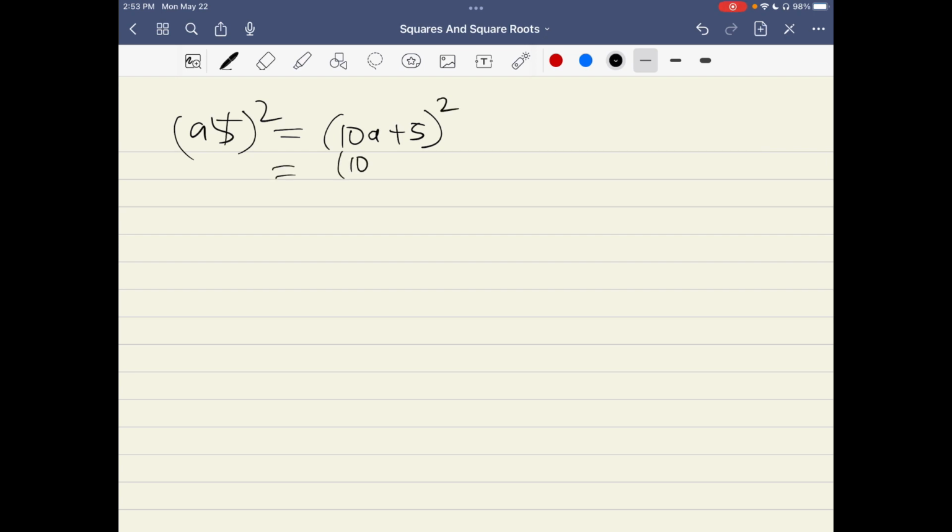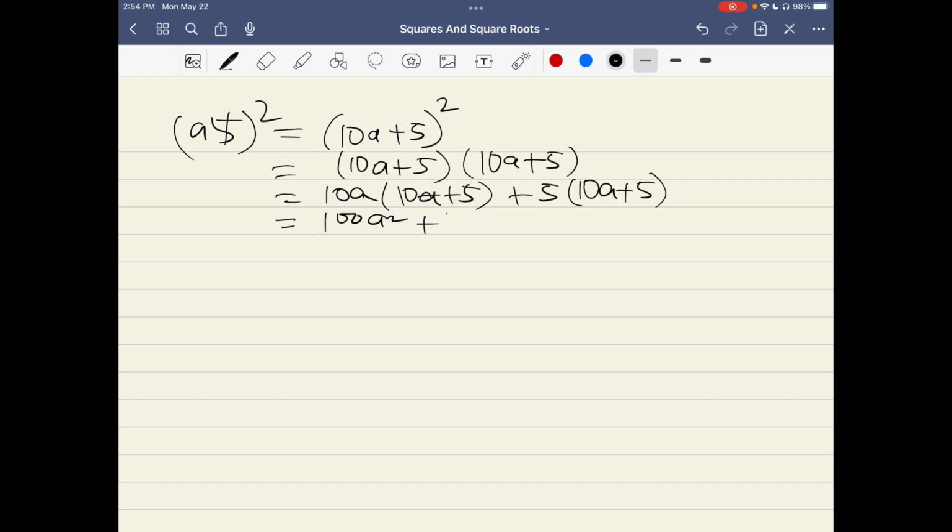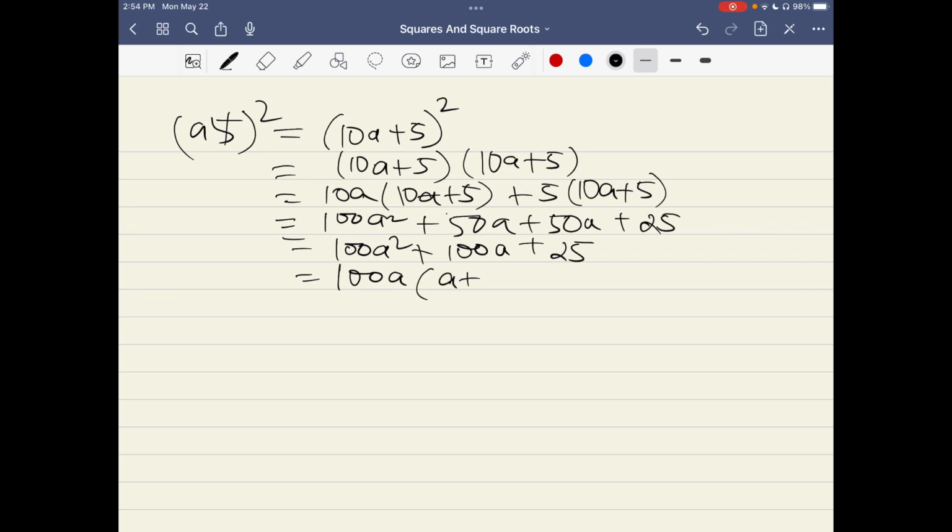Therefore, this can be written as (10a plus 5) times (10a plus 5), which is 10a times (10a plus 5) plus 5 times (10a plus 5), which will be 100a squared plus 50a plus 50a plus 25, which turns out to be 100a squared plus 100a plus 25, or you can write that as 100a times (a plus 1) plus 25, right? Let's write this there.